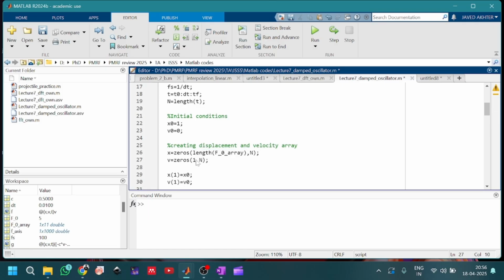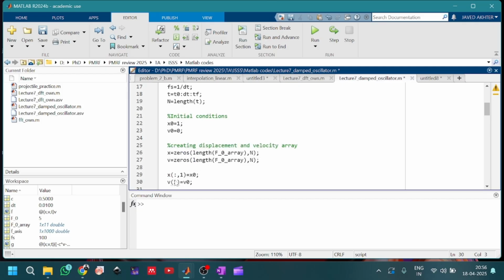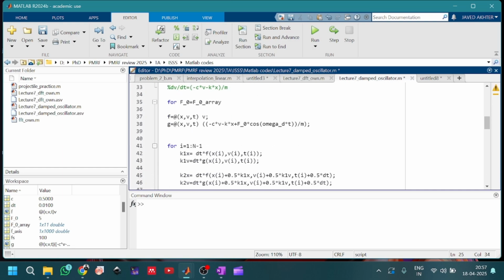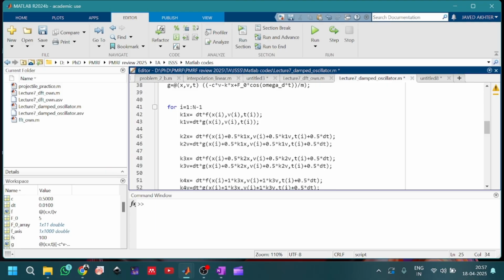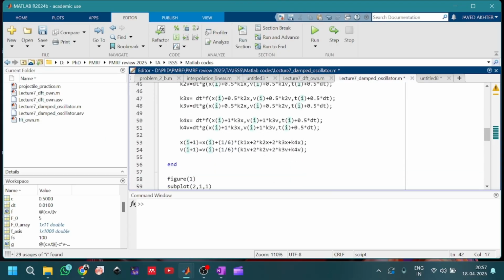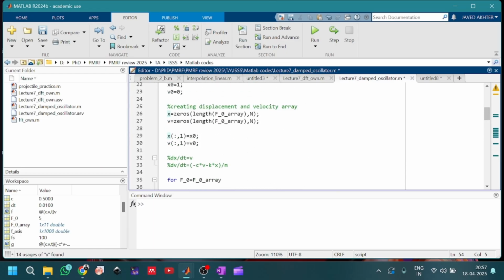These arrays are created using this, and here you have to specify the initial condition, which you will store in all the rows. So let me write down here all the rows, and here you will have this function. Here also you have to specify the row value and column value and so on. Once you are done with it, you find out your x array, and you can store it here.